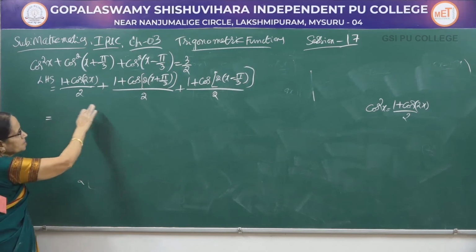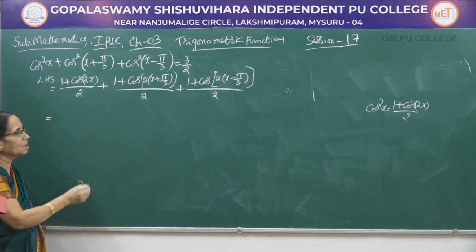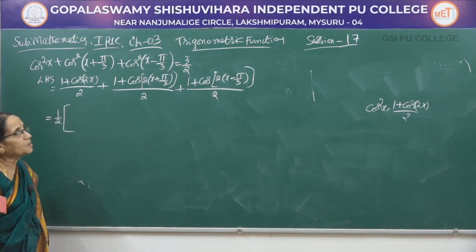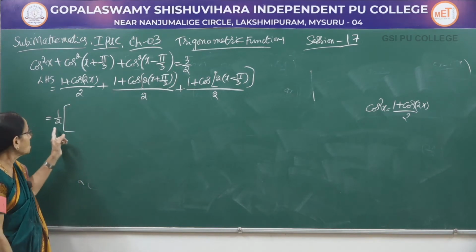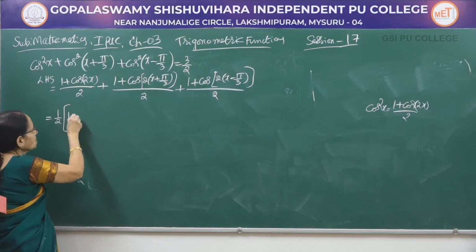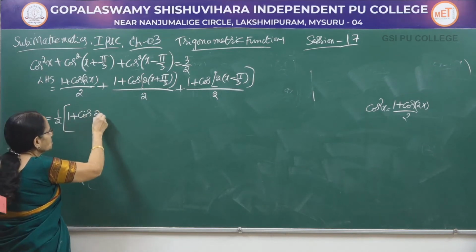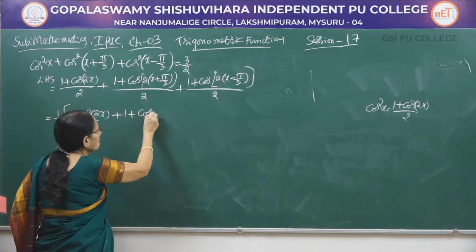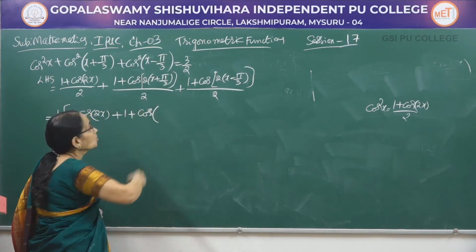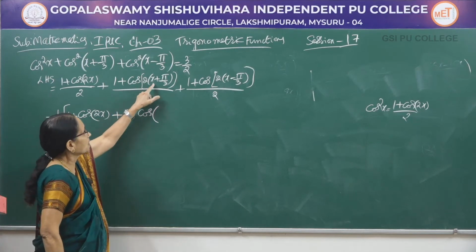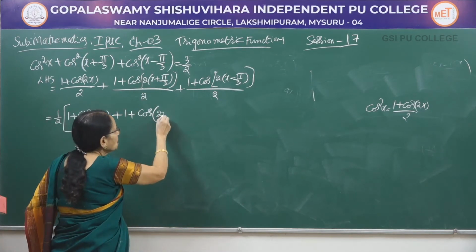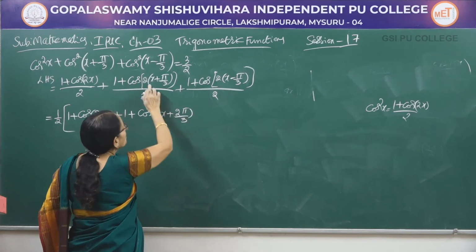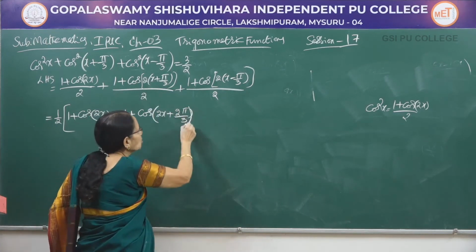First, let's see, all the terms have 2 in the denominator. Take that 1 by 2 out, and observe that the right hand side has 3 by 2. So, that 2 we need here. Then write 1 plus cos of 2x, plus 1 plus cos of, see here you multiply 2x, right, 2x plus 2 pi by 3. Both the terms have to be multiplied by 2.